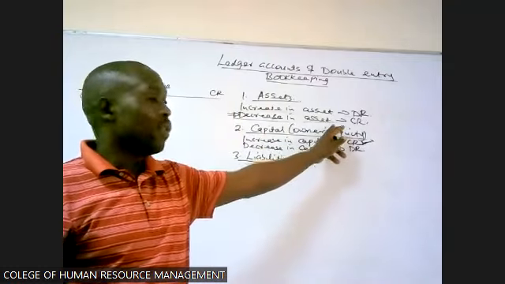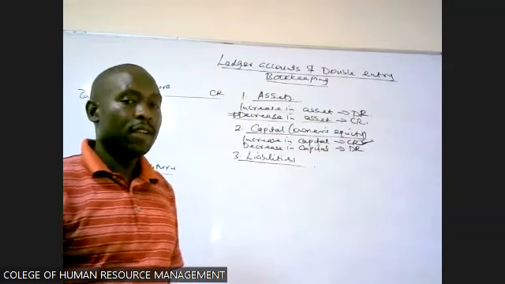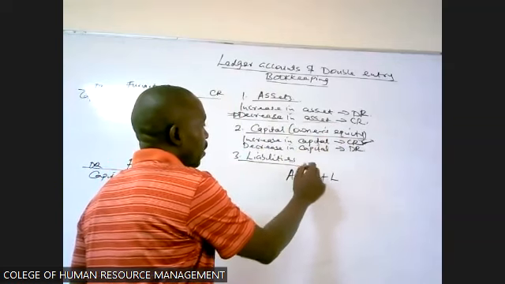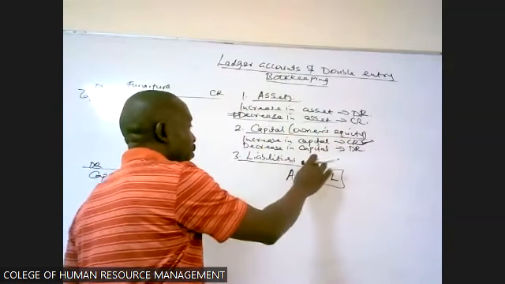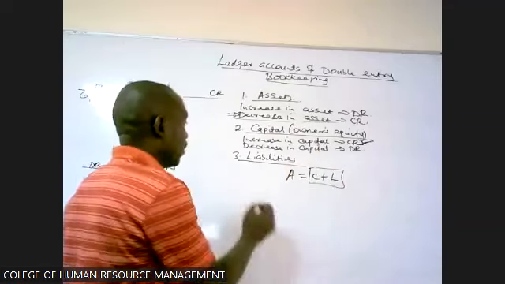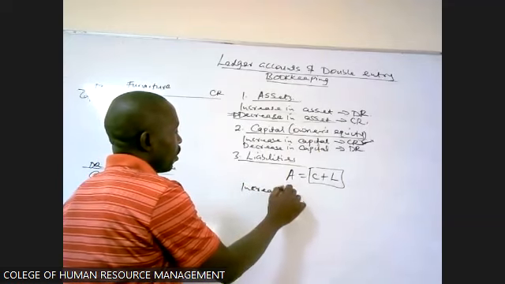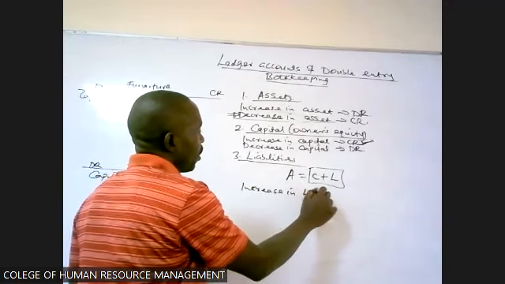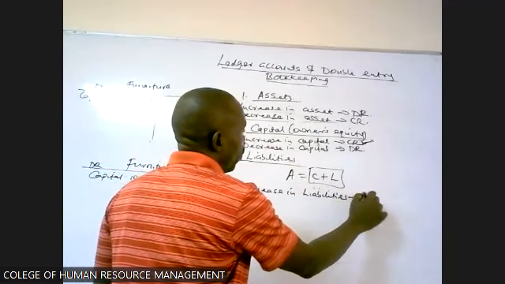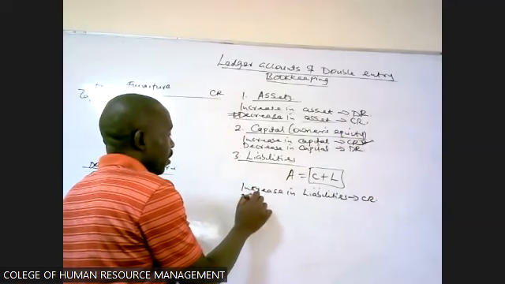We normally treat them the same way as the capital. Capital and liability, even from the accounting equation, assets is equal to capital plus liabilities. These two are on one side of the equal sign. So we normally treat them the same way. So increase in liabilities we normally record on the credit the same way we did here, and then a decrease.